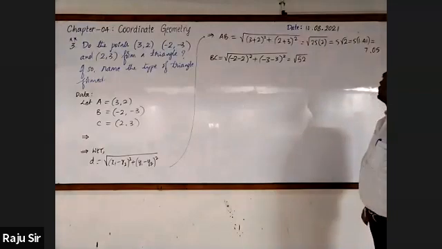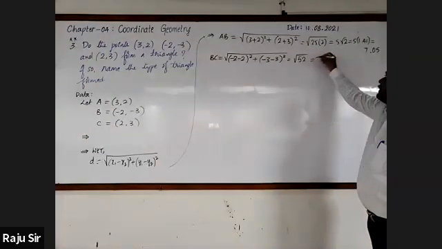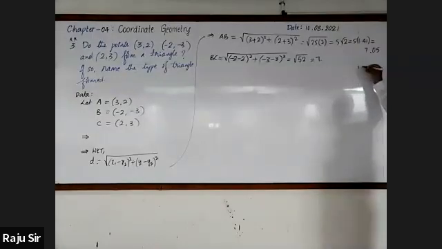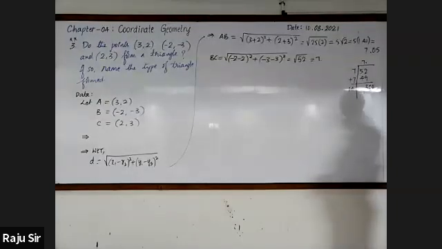What is the value of the square root of 52? That is also 7 point something. Let us find it out. Square root of 52. Write with me. Here 7 sevens are 49. 3 will remain. Add 7, you will get 14. Then put decimal. Take 2 zeros.